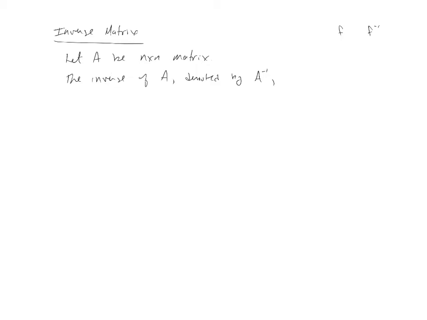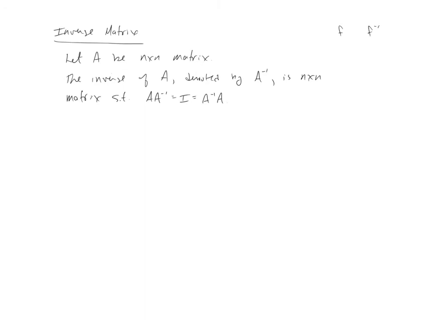So similar for matrices. Matrix A, the inverse matrix would be A with the upper minus 1. So the inverse is also an n by n matrix such that A times the inverse equals the identity, which equals the inverse times A.